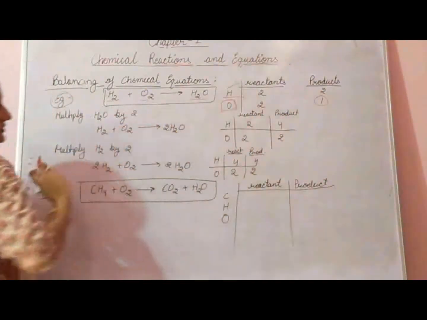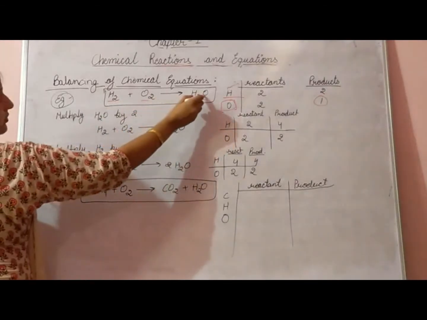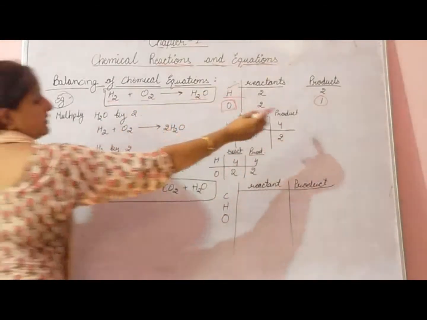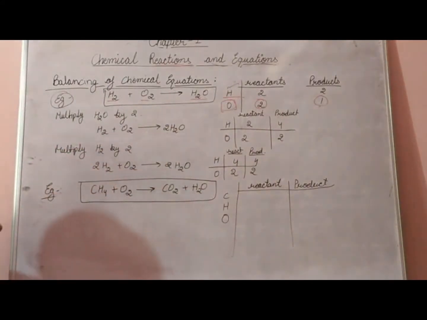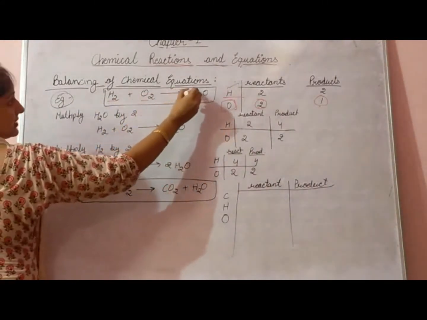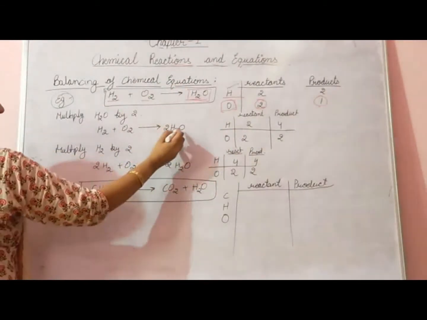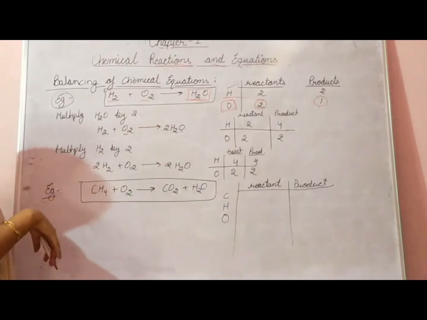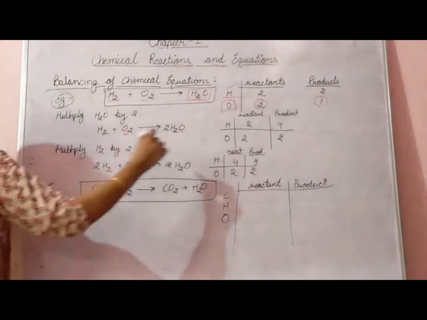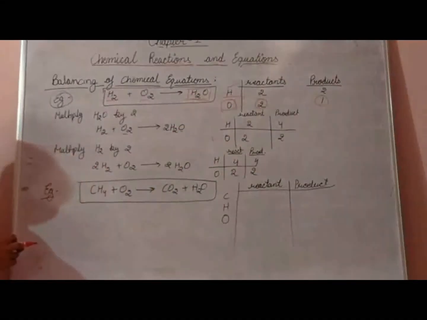We need to balance it. Here the number of oxygen atoms is 1. How can we make it equal to 2? By multiplying it by 2. If I multiply this H2O by 2, what will I get? 2 oxygen atoms on the product side and 2 oxygen atoms on the reactant side. So now oxygen will be balanced.